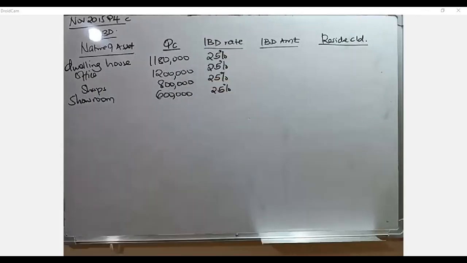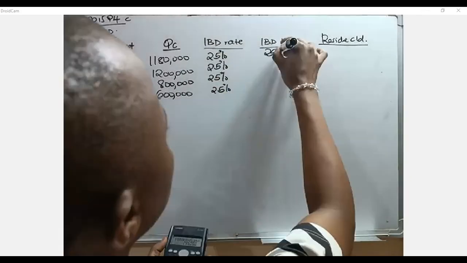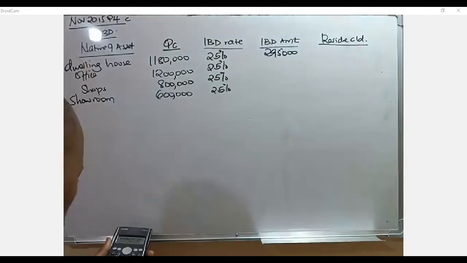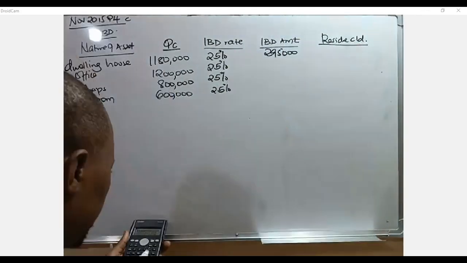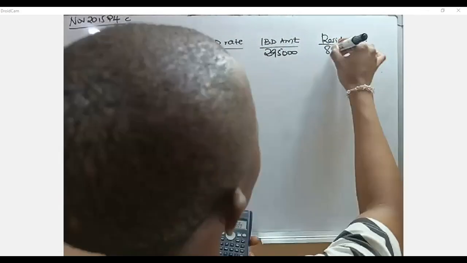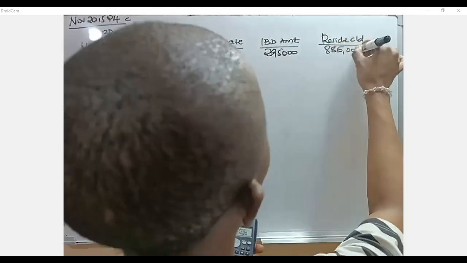In this case, 1,180,000 times 0.25, we are getting 295,000. To get the residue carried down, I take 1,180,000 minus the answer, and I get the residue carried down of 885,000.